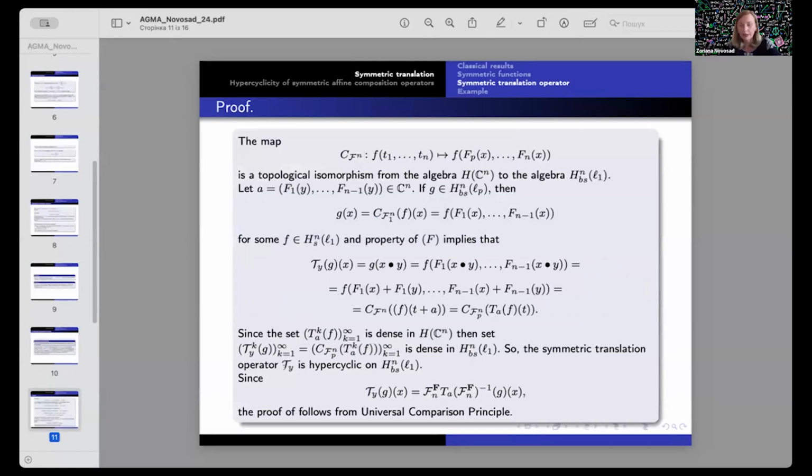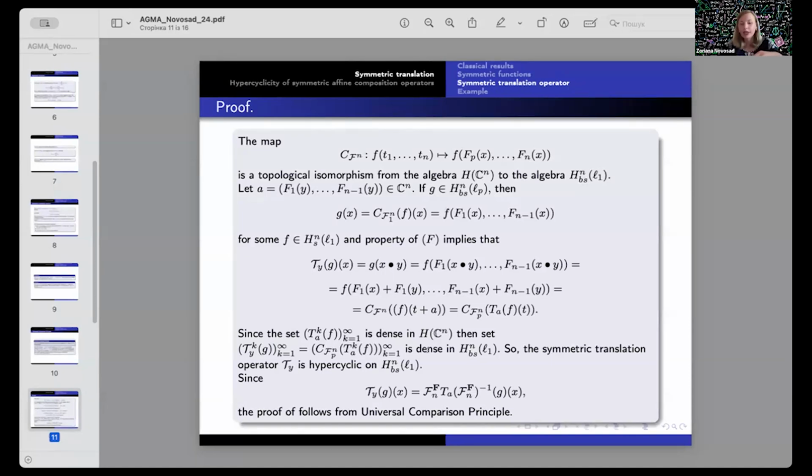This principle helps us to prove hypercyclicity of the other operator, T_y, the symmetric translation. So we have an isomorphism, a topological isomorphism from the algebra H(C^n) to the algebra H_B, and for a non-zero vector of C^n, when we write the following operation and get this set, we can state that this set is dense in the space of entire functions on C^n.